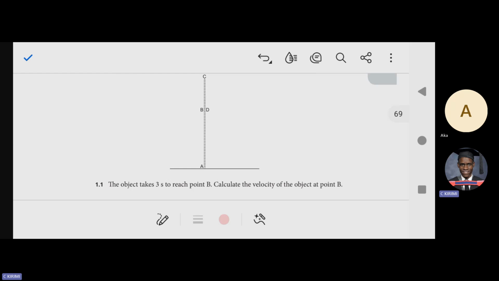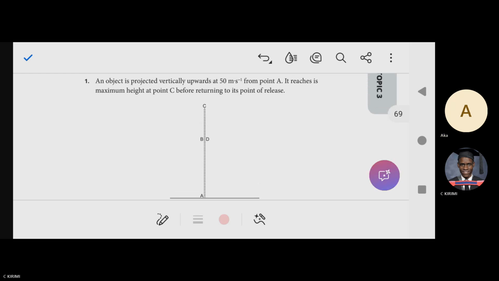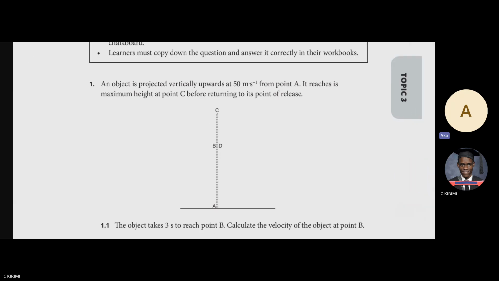Let's try this one. The vertically upwards, what is it? 50 meters per second. It's V initial, isn't it?